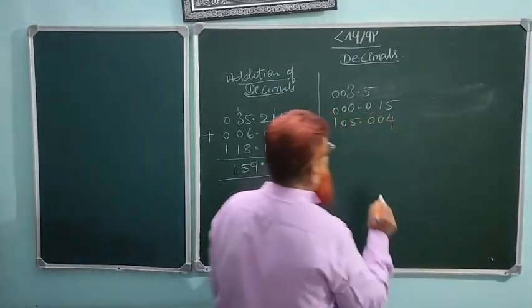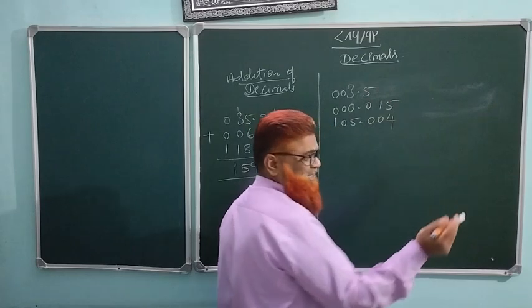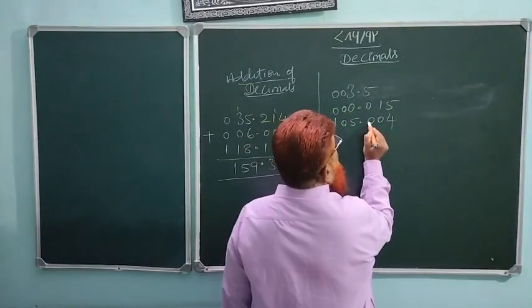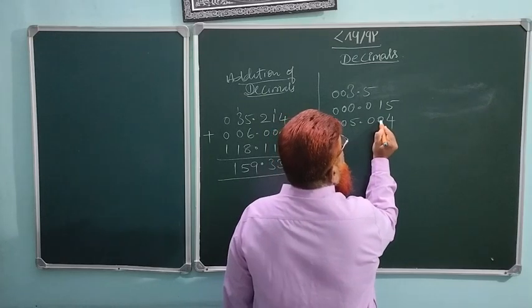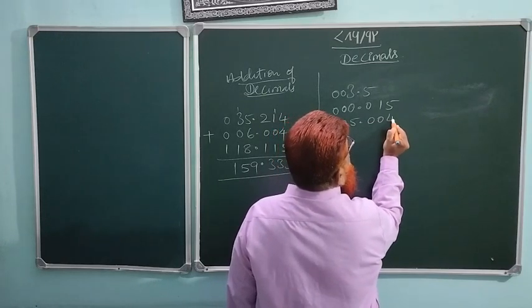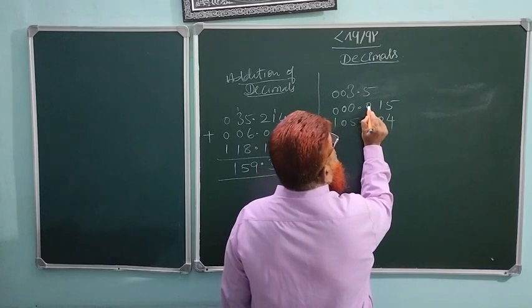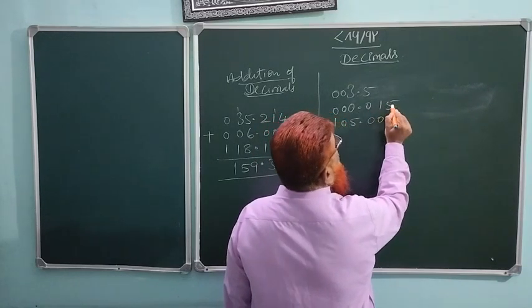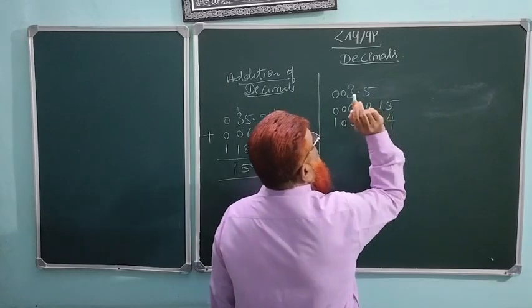Okay. Now we have to follow the same procedure in the decimal sections also, because see that one, the tenths place is 0, the hundredths place is 0, and the thousandths place is 4. Here also the tenths place is 0, the hundredths place 1, and the thousandths place is 5.